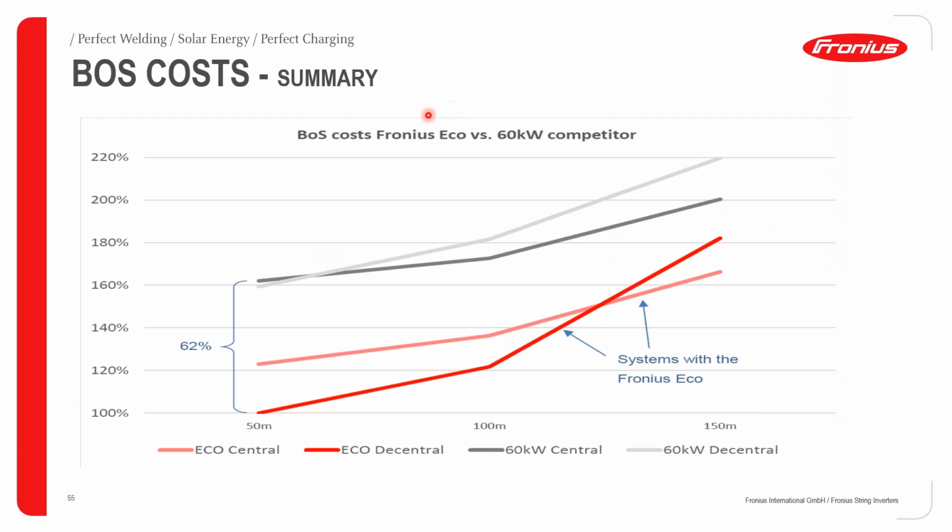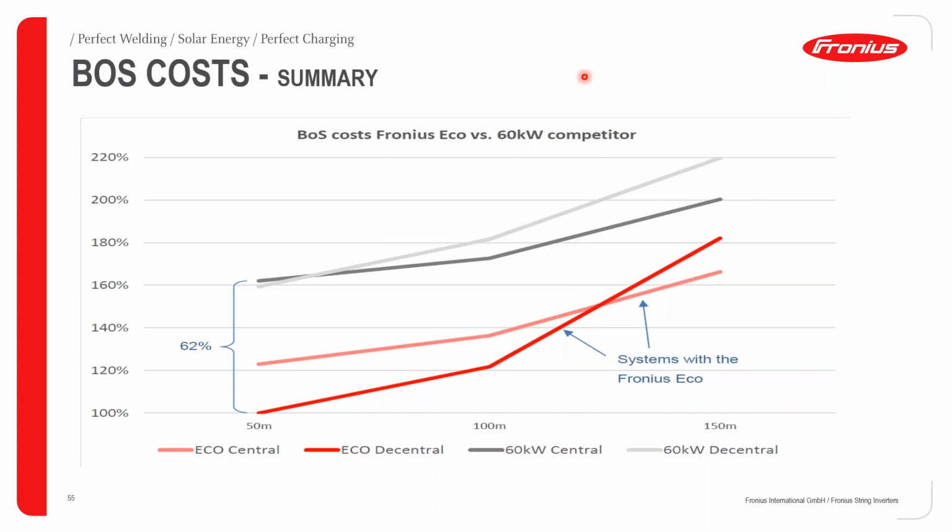So this gives us a summary of how these costs arrived at, and we can see in general we have about 62% difference between the lowest cost indication using a Fronius Eco and the highest cost indication using the competitor inverter at 60 kilowatts.